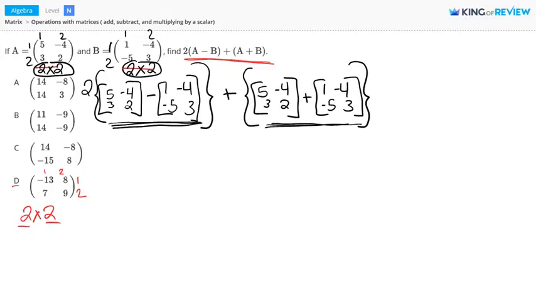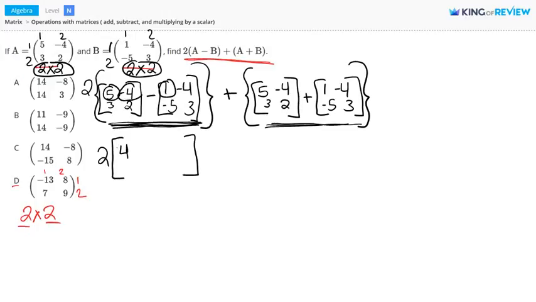So let's do that. We have 2 times, and we're going to subtract these 2 matrices. So we're going to subtract the corresponding entries. We're going to do 5 minus 1 because the 5 and 1 are in the corresponding position. They're both in the upper left-hand corner, or row 1, column 1. So 5 minus 1 equals 4.